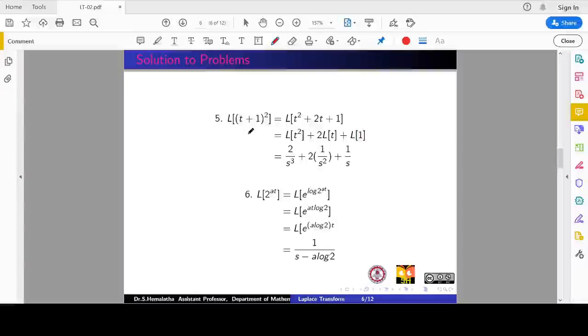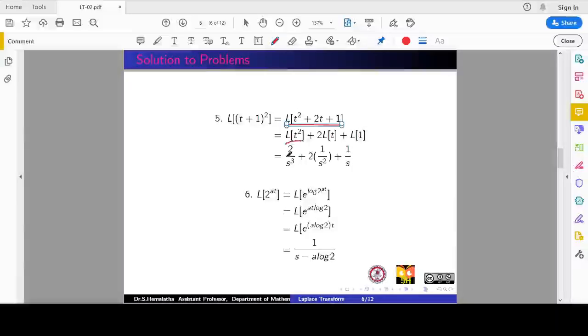Now again, this has a power 2, so I'm expanding it, and this is the expansion of (a plus b) whole square formula. Then again I'm writing L of t square, L of 2t, where 2 is pulled out, so 2 times L of t, and L of 1. So apply your formulas.